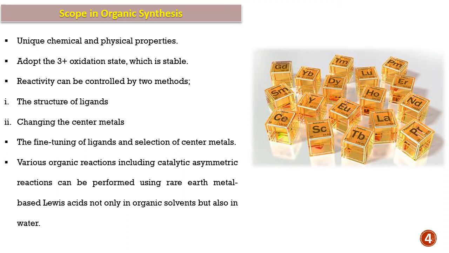The first one is the fine tuning of the structure of the ligand, and the second one is changing the center metal, since appropriate ion size and structure can be selected from the series of lanthanides based on the lanthanide contraction. The fine tuning of the ligand and the selection of the center metal result in various applications of rare earth metals as catalysts in a number of catalytic reactions.